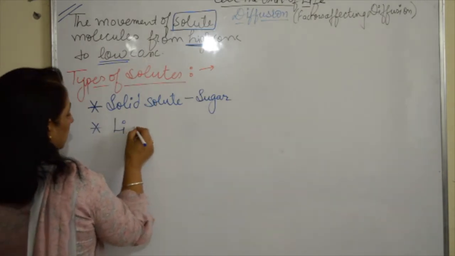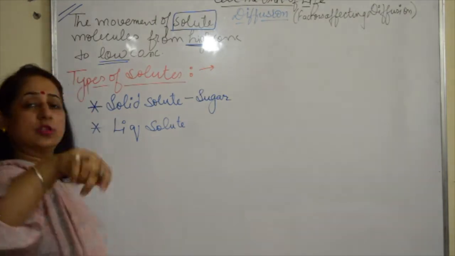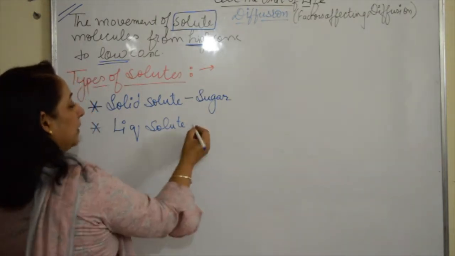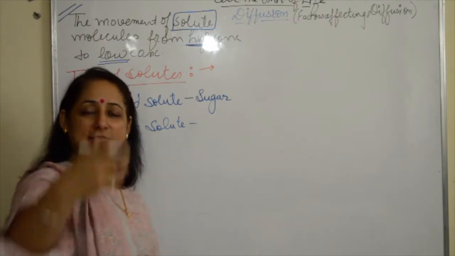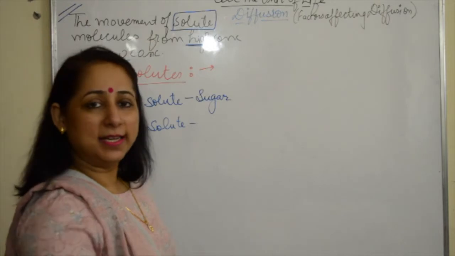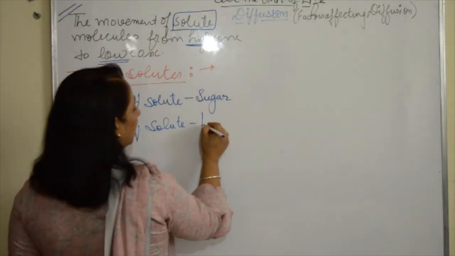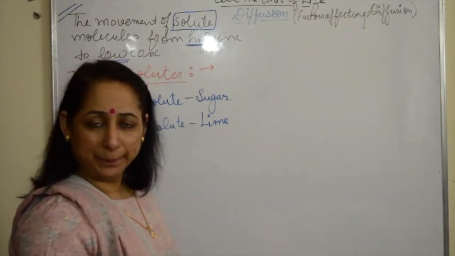Liquid solute. Now a liquid solute is when you dissolve something liquid. Like for example, Ruh Afza. You make those drinks at your house, no? Ruh Afza is the syrup. You just add it to the water and it forms the whole drink. So that's a liquid solute. Or for that matter, lemon is a liquid solute which you add.